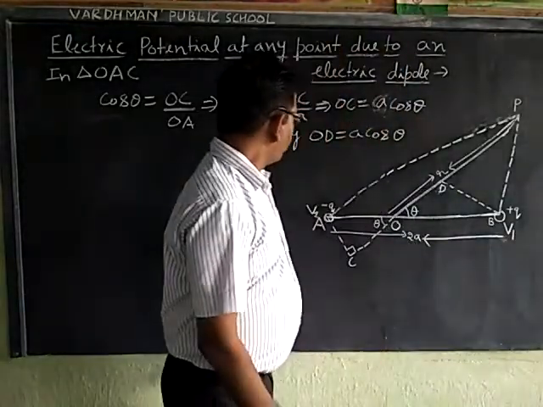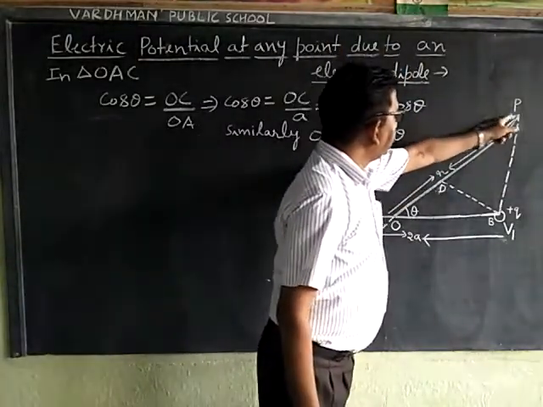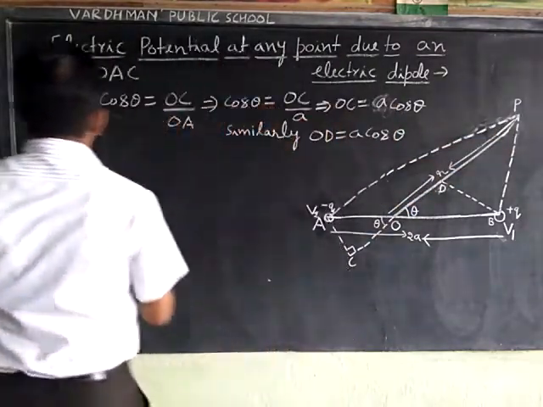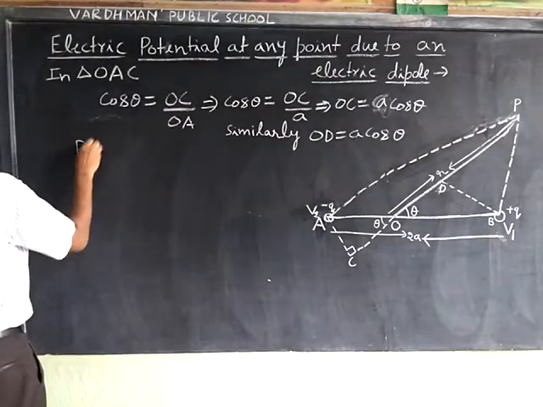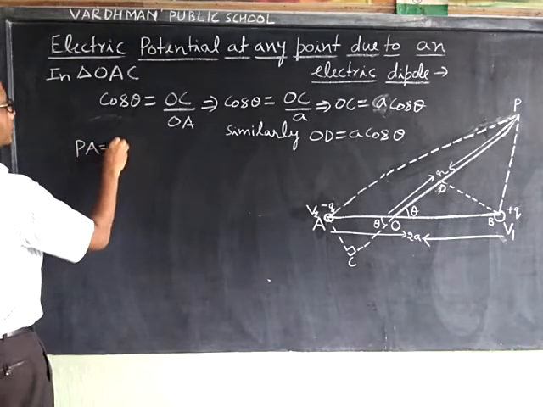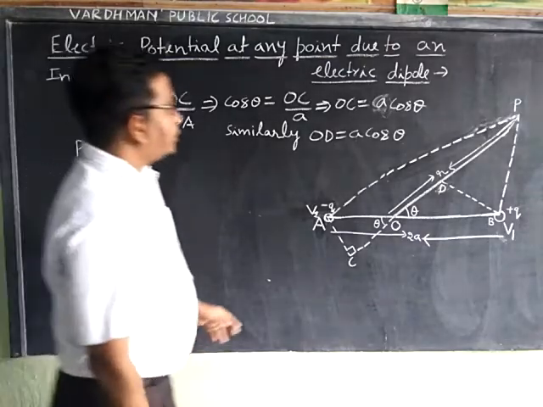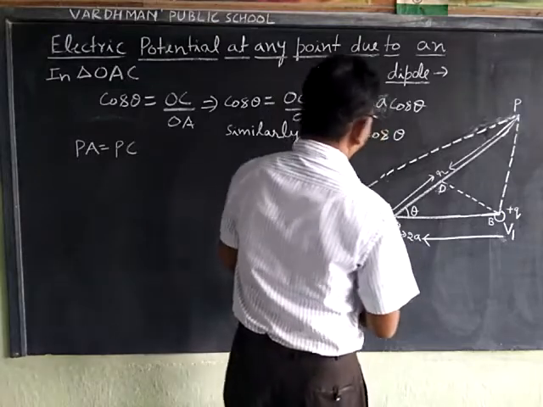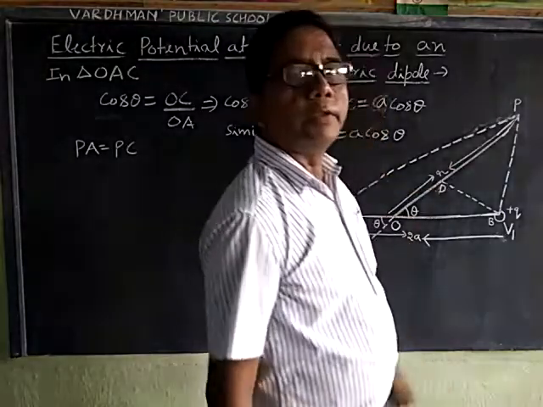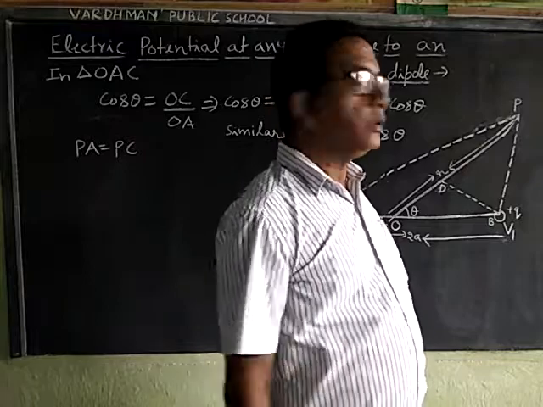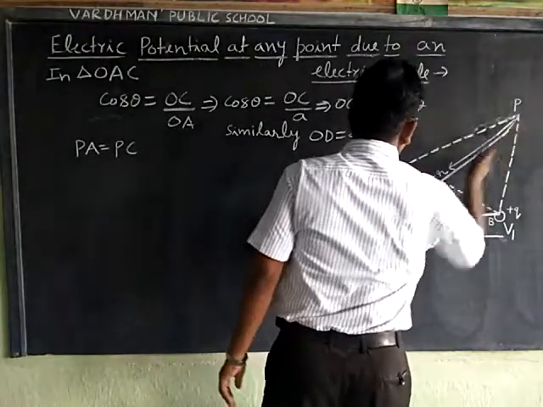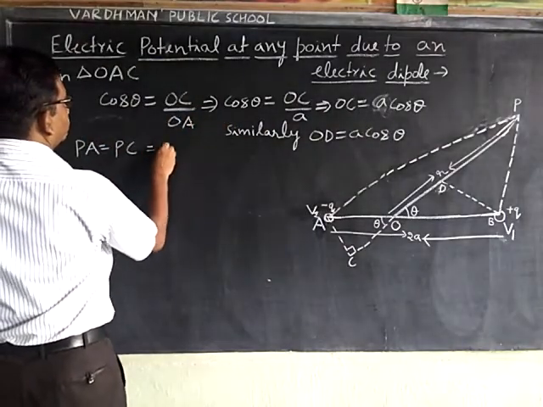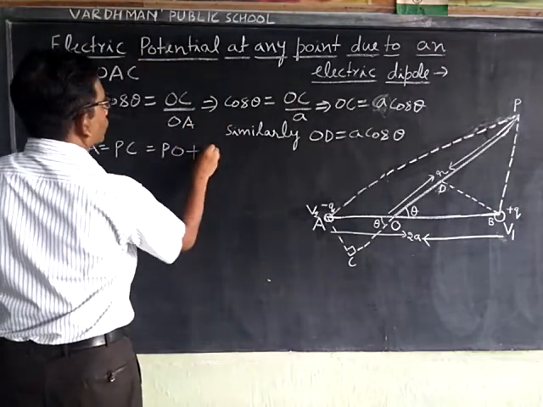Now, by construction, PA is equal to PC, and PC can be written as PO plus OC.